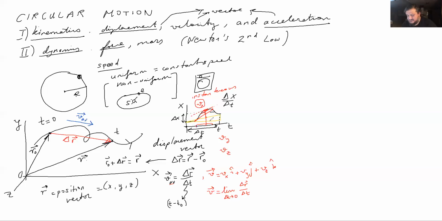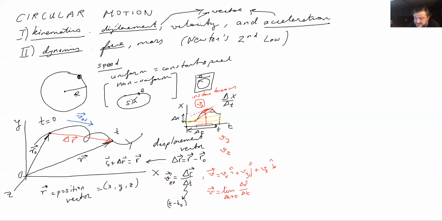So what about acceleration? Acceleration is the change in the velocity vector, this instantaneous velocity we just defined here. If it changes, this means it's an accelerated motion. So how does it change?